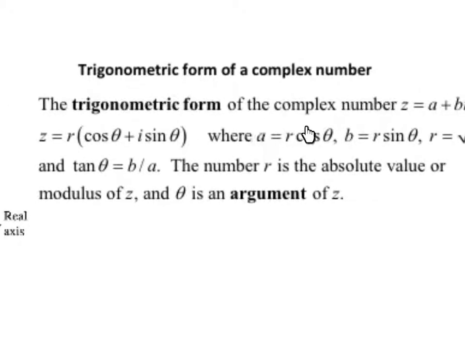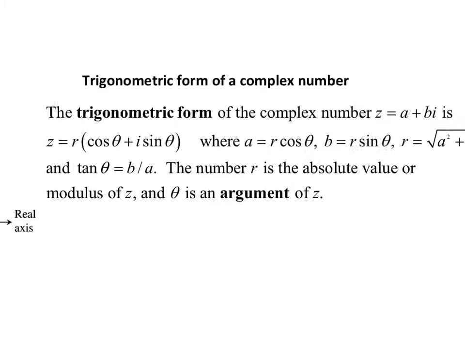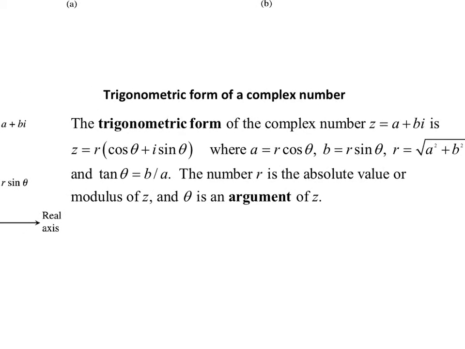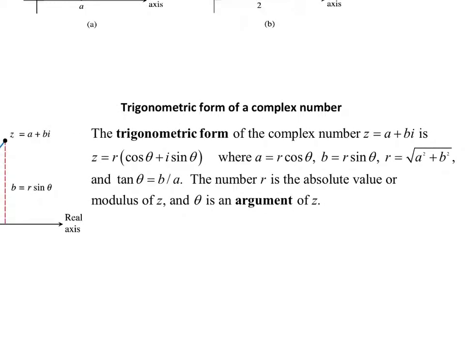The trigonometric form of the complex number z equals a plus bi is z equals r times the quantity cosine theta plus i sine theta, where a is r cosine theta, b is r sine theta, and r equals the square root of a squared plus b squared. And tangent theta is b divided by a. So the number r is the absolute value or modulus of z, and theta is an argument of z.